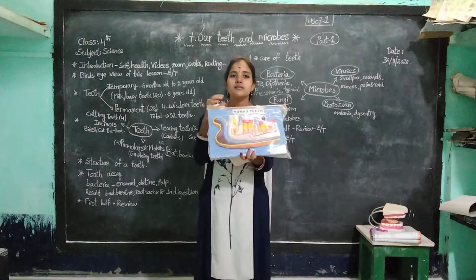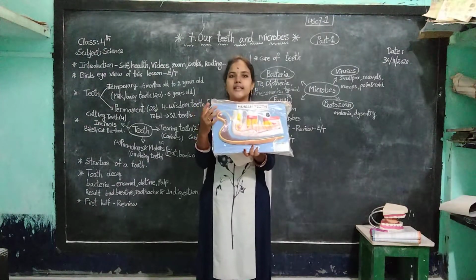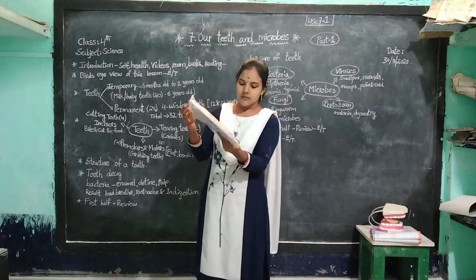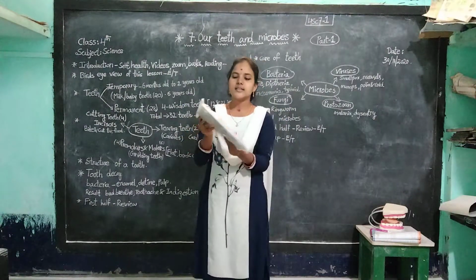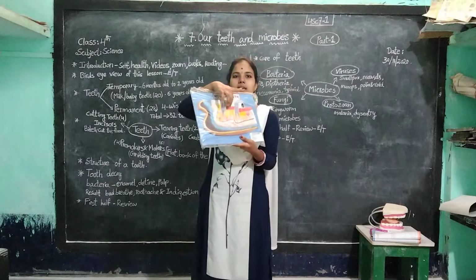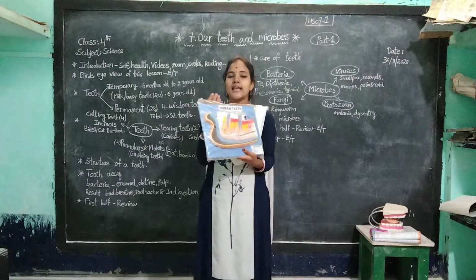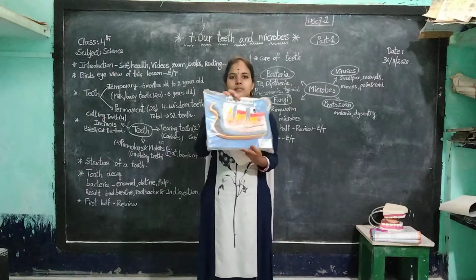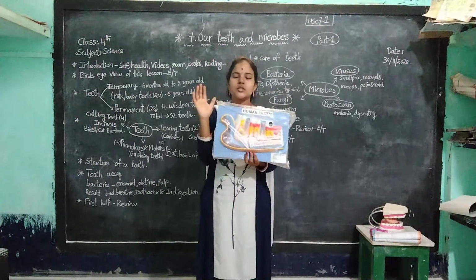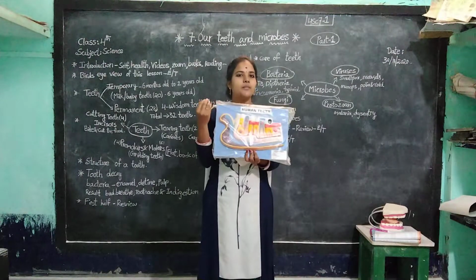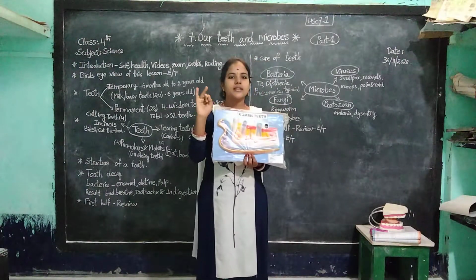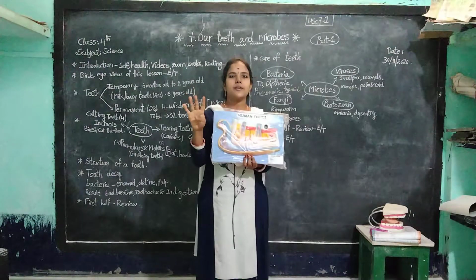And next one, the root. The root of a tooth contains, what is that children? Gums. Observe where these are gums. The root of a tooth has a hole. The gums are connected to the nerves. Just remember the parts of the structure of a tooth: enamel, dentine, pulp and root.